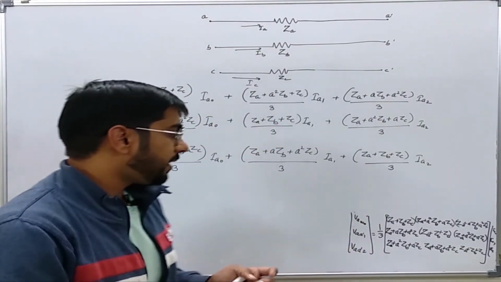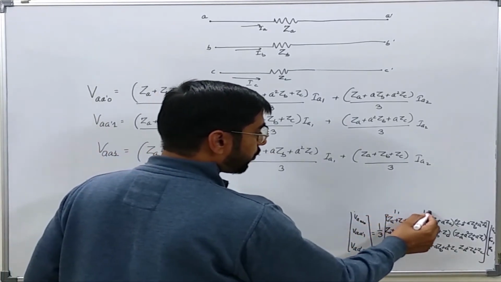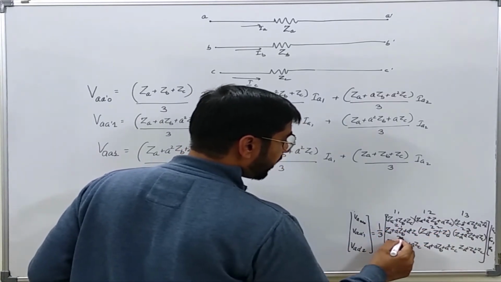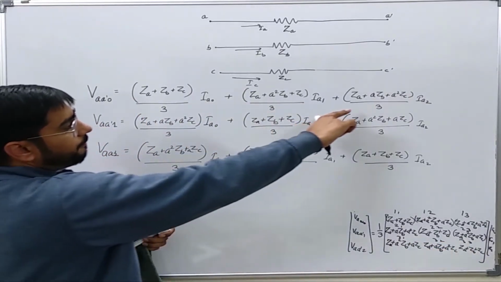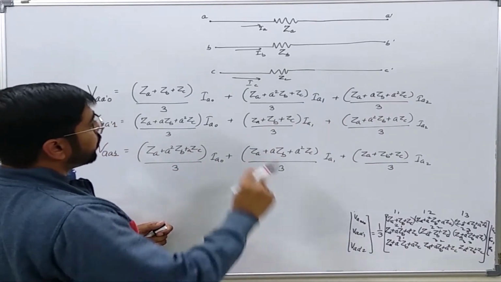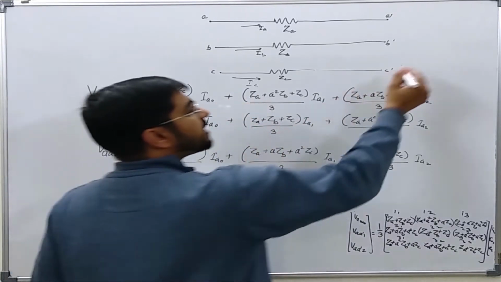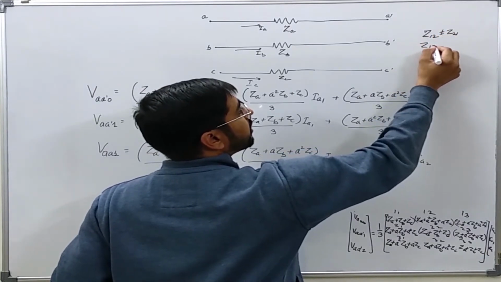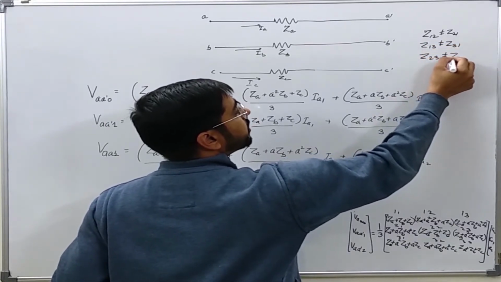Now let us first see various components of this matrix. This is Z11, Z12, Z13, Z21, Z22, Z23, Z31, Z32, Z33. Now you can clearly see that Z13 is not equal to Z31. Similarly Z12 is not equal to Z21. So Z12 is not equal to Z21, Z13 is not equal to Z31, Z23 is not equal to Z32.